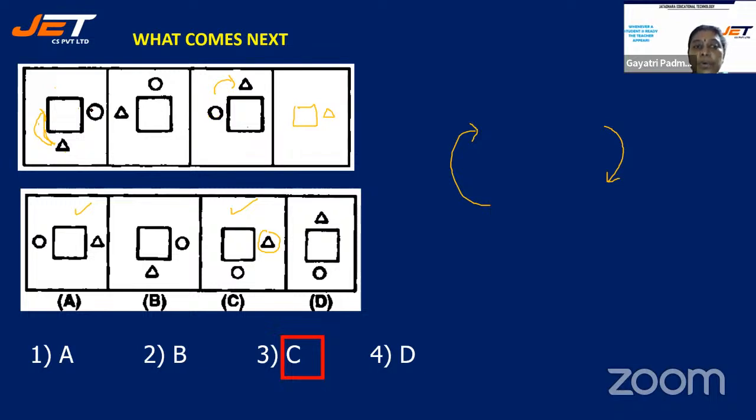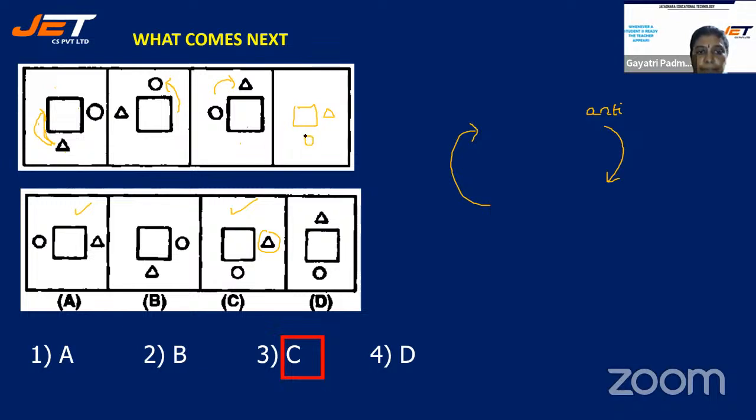In the first figure, the circle was placed towards the right. Then in the second figure, it is moved towards the left, which means that it is moving anti-clockwise. So the triangle was clockwise, circle was anti-clockwise. In the third one, the circle has moved towards this, so in the fourth one, the circle should be here.